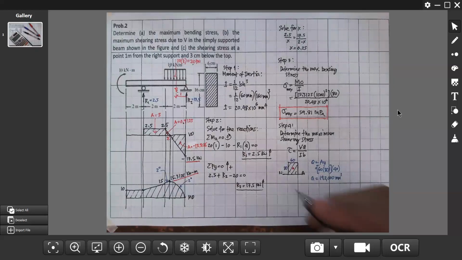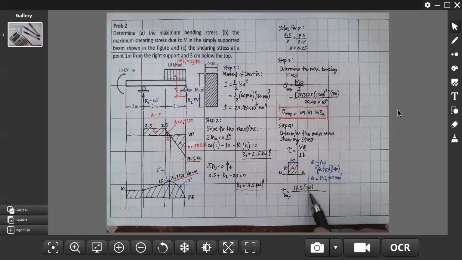And so we can now solve for the maximum shear stress. Our shear is 17.5, disregarding the sign, times 1,000 for conversion from kilonewtons to newtons. Our Q is 192,000. Our I is 20.48 times 10 raised to 6.